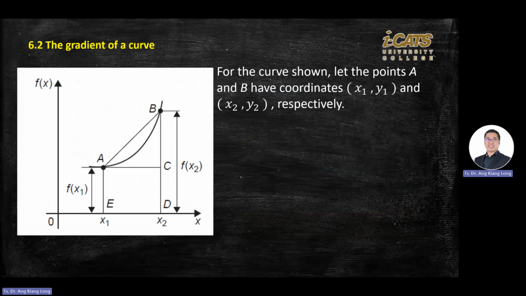So point A is x1 and f bracket x1, not y1 anymore. Of course you can write y1, which is also correct, but because this is the differentiation chapter, you should write functional notation, f bracket x1. B is the same: x2, y2. In functional notation, y1 equals f(x1), y2 equals f(x2).